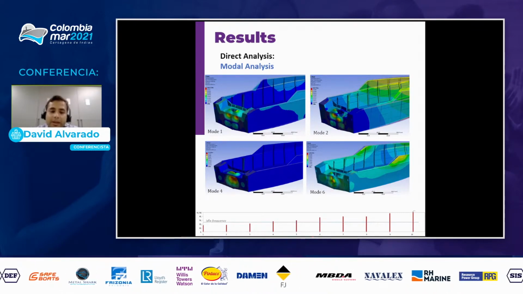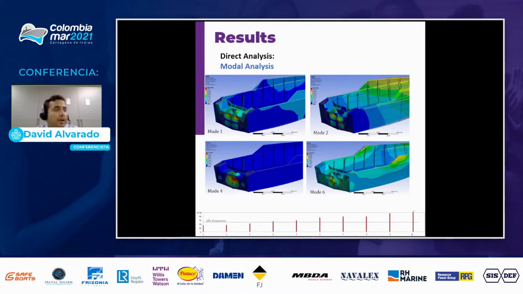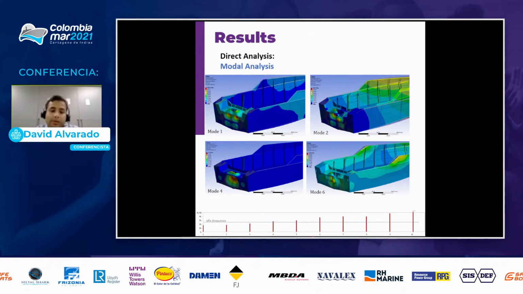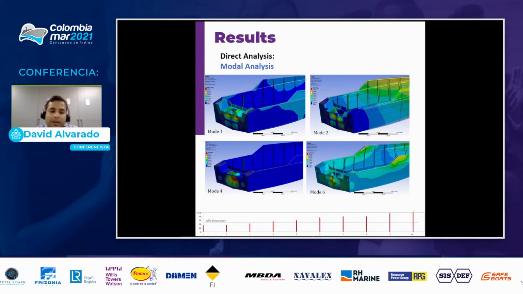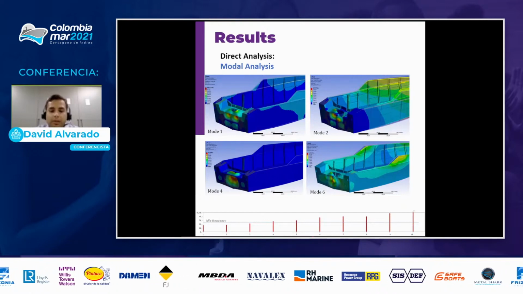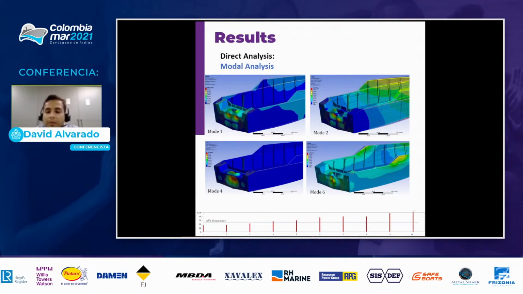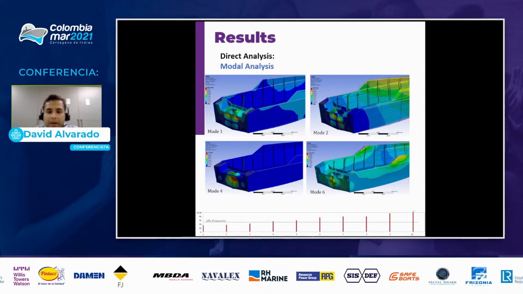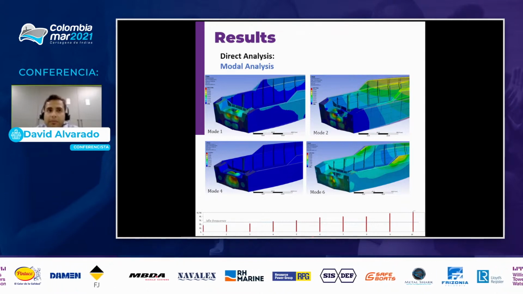Here, we consider mode 4 to be critical, which is above the relay rate of the engine, and to operate properly, it has to go through all of these natural frequencies that we can see in the picture below.